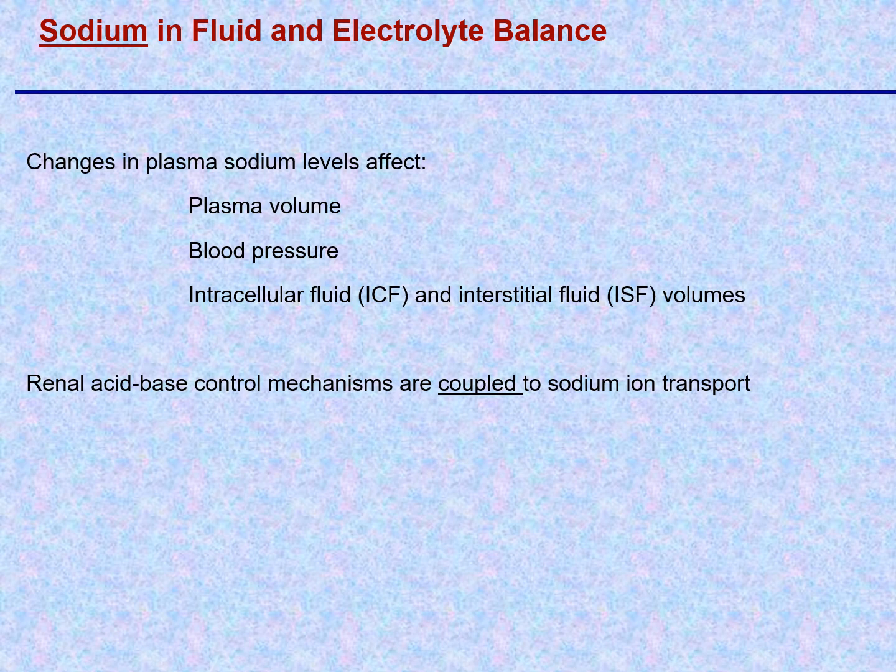And so changes in plasma sodium will affect plasma volume and therefore, of course, also plasma pressure. And because of any change in movement of water between compartments, that will also affect the intracellular fluid volume and the interstitial fluid volume.